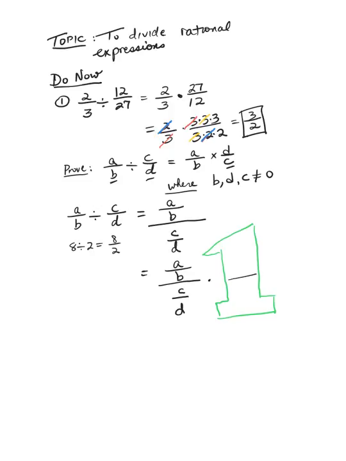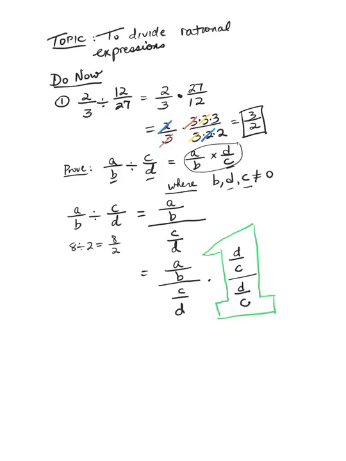Well, can you guess what it would be if we want to prove this result? It would be D over C divided by D over C. And we're allowed to do that because D and C are not equal to 0. So we know that we don't have a 0 over 0.